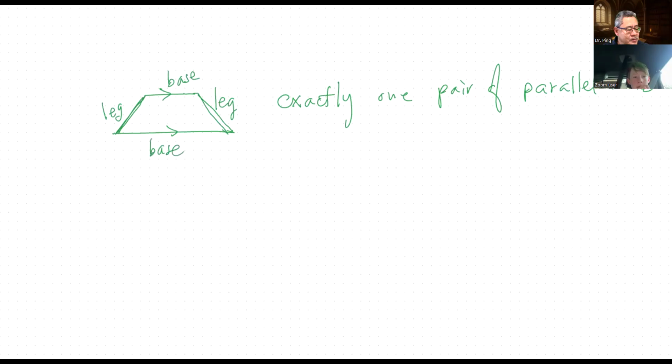And now, if the two legs are equal, this is equal to that, we call it an isosceles trapezoid. And for an isosceles trapezoid, the two base angles are the same. Okay.